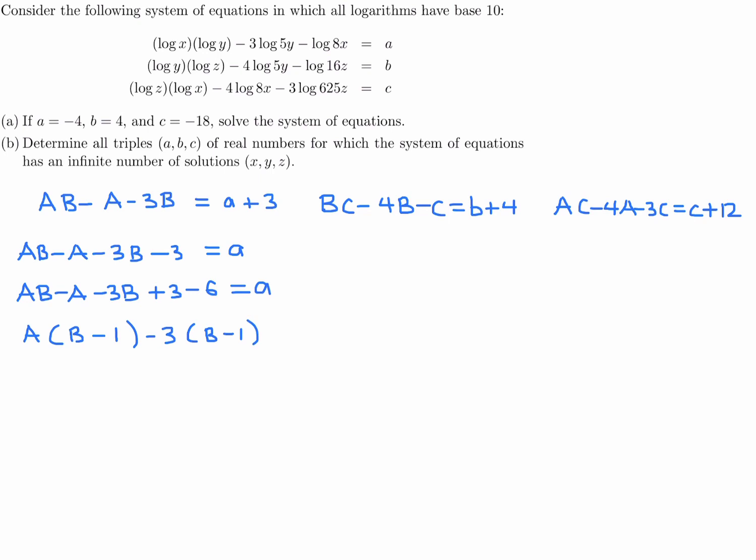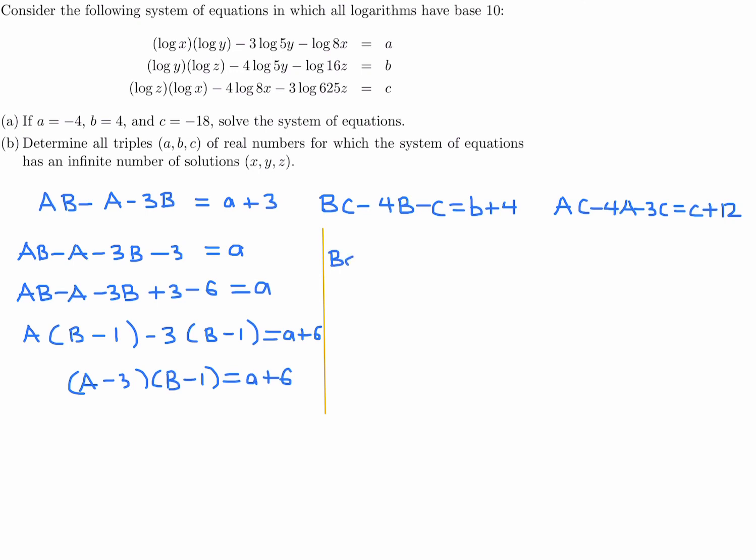And then this minus 6 I can put on the other side, so a plus 6. So this now factors into a minus 3 and b minus 1, and that's equal to a plus 6. So hopefully that wasn't too difficult to understand. Just a little bit of manipulation was involved. Not too much. Okay, let's do the same thing over here.